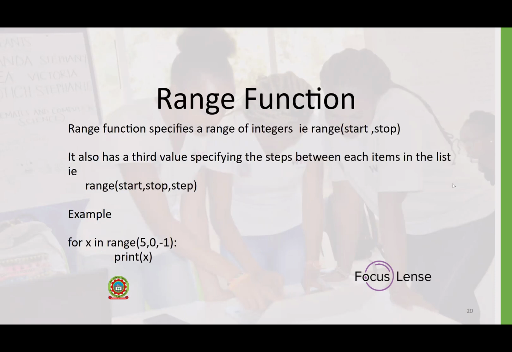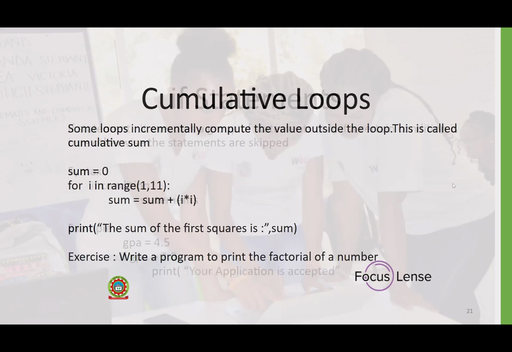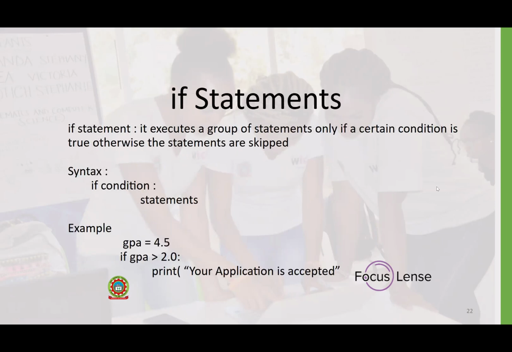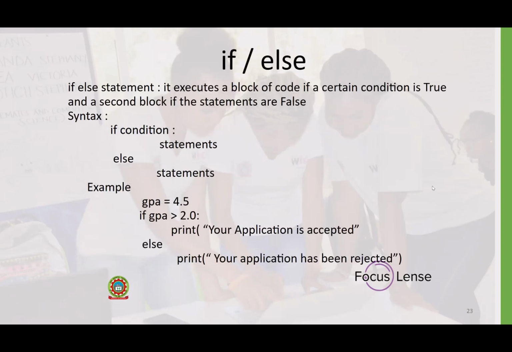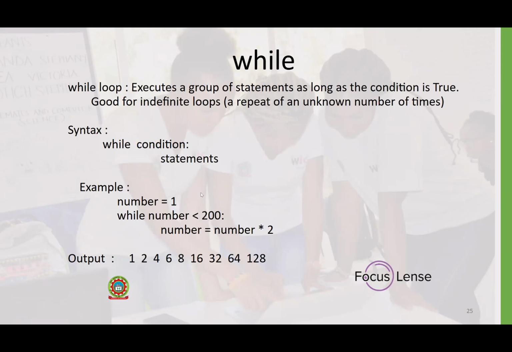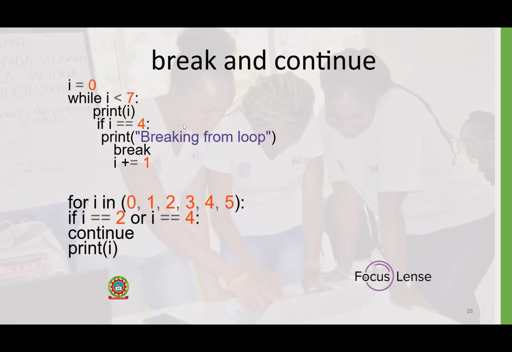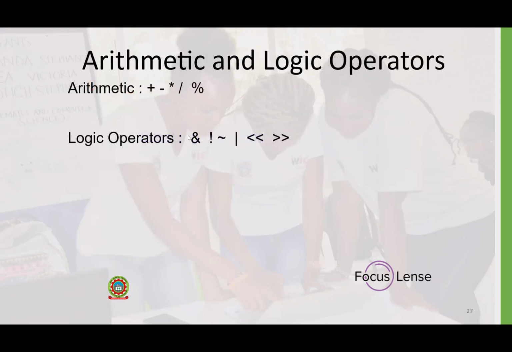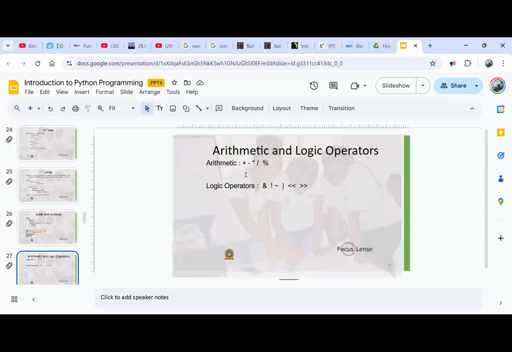Okay, then loops, we looked at loops, then if statements, if else, then while loop, break and continue. Do you remember? This is what we covered last week, break and continue. And then today we want to review what is called arithmetic and logic operations.